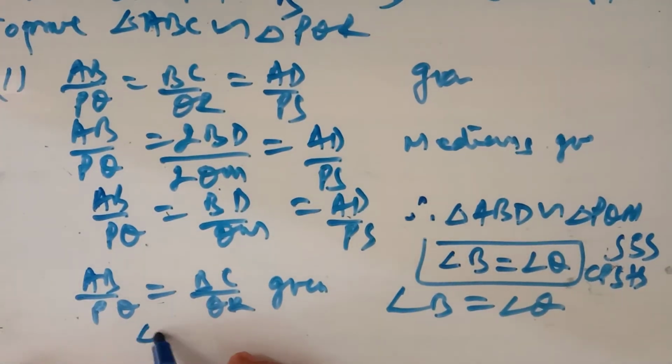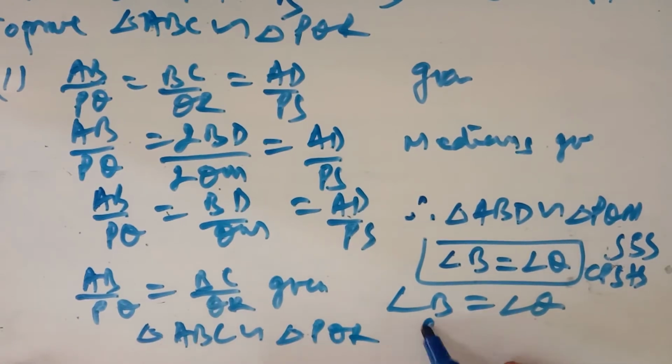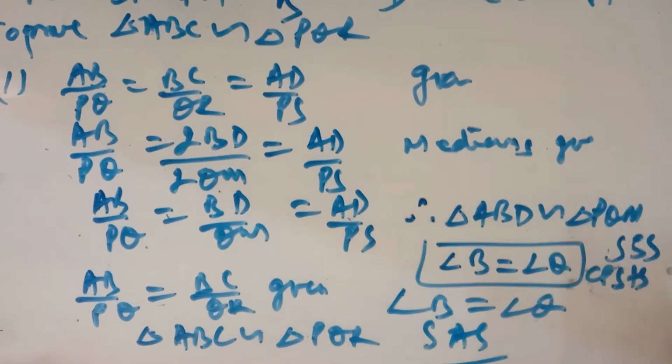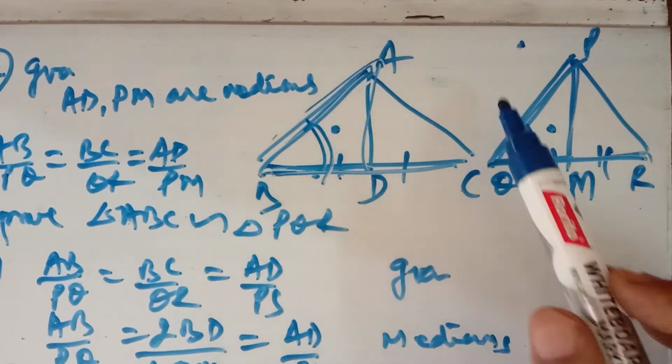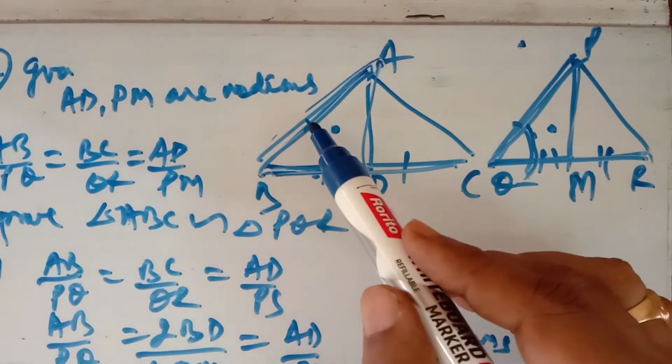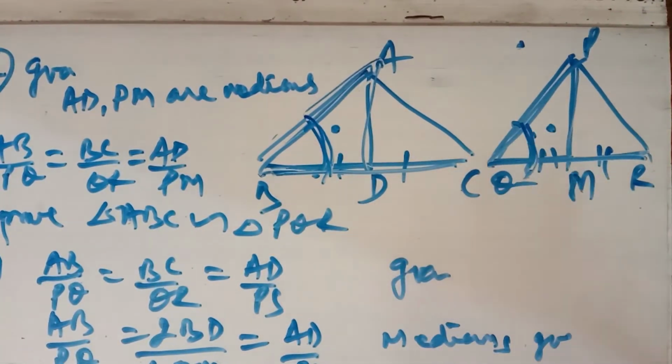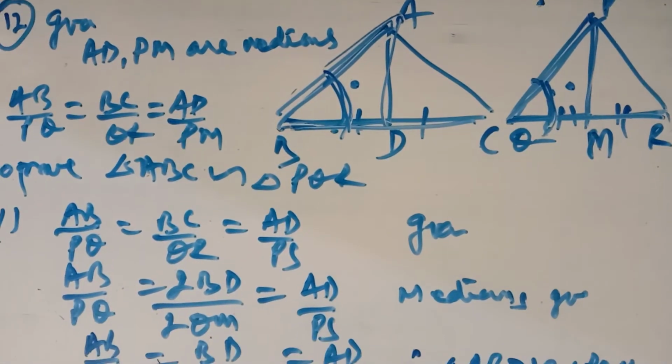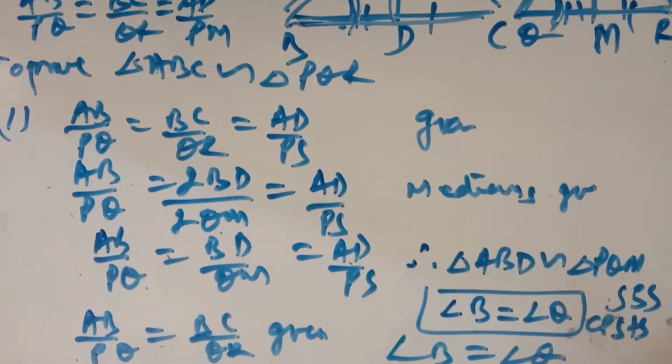It is a good question. We have proved that two sides of these two triangles are in the same ratio and the included angles between these two sides are equal. So triangles ABC and PQR are similar.